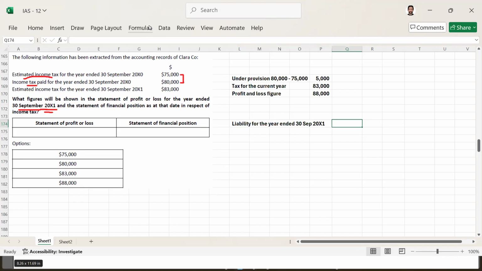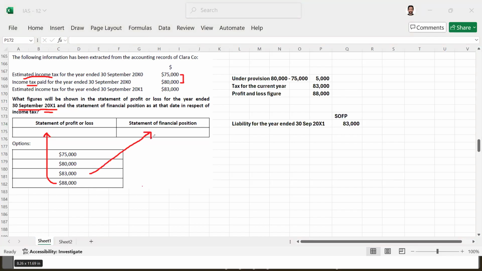So this figure goes to the statement of financial position. That is SOFP, and this is P&L. So we've got these two answers. The 88,000 goes to the statement of profit and loss, and the 83,000 goes to the statement of financial position.